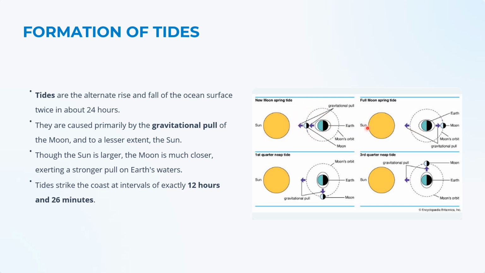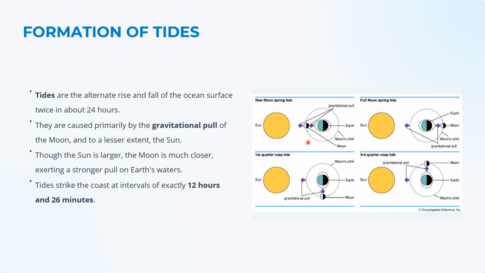Again, if you see the picture image very carefully, you'll find that the gravitational pull of the moon is causing the upwelling of water over here, and the same upwelling is taking place at the opposite side of the earth, the earth's spheroid.